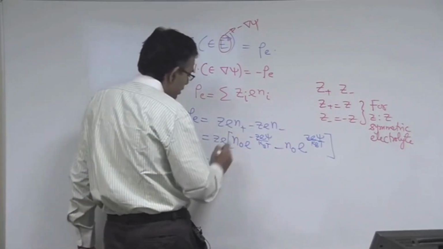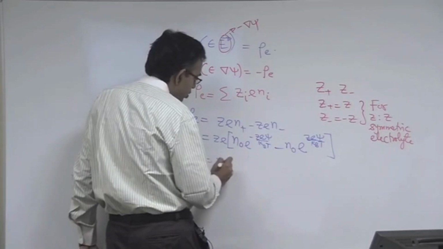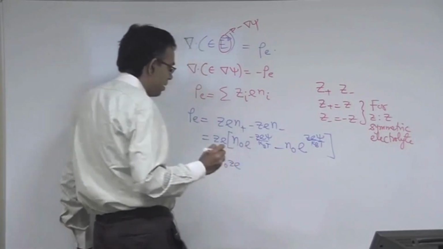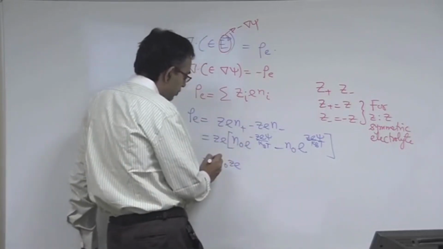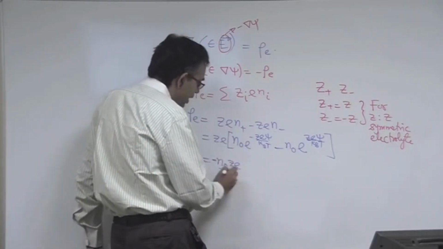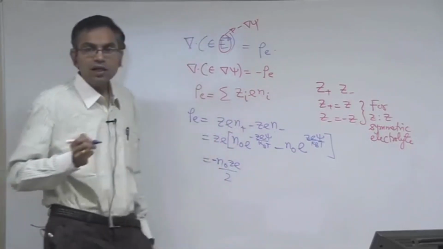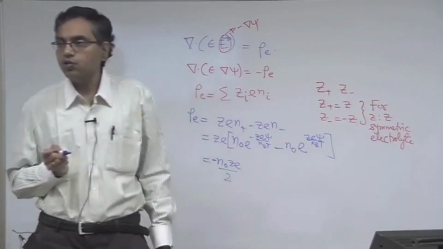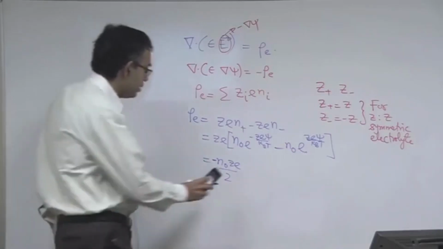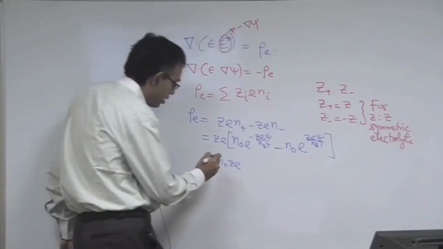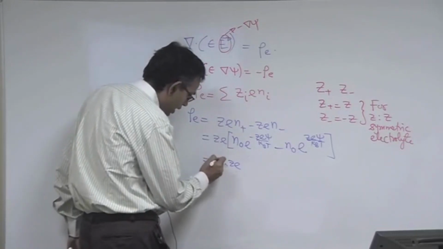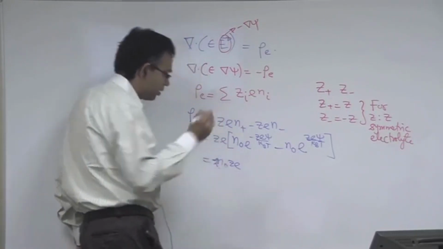So this is n0 Z E. Now if you divide it by 2 and take the minus sign out, remember e to the power x minus e to the power minus x, by 2, is equal to sine hyperbolic x. Sorry, not divide by 2, multiply by 2 and then divide by 2.